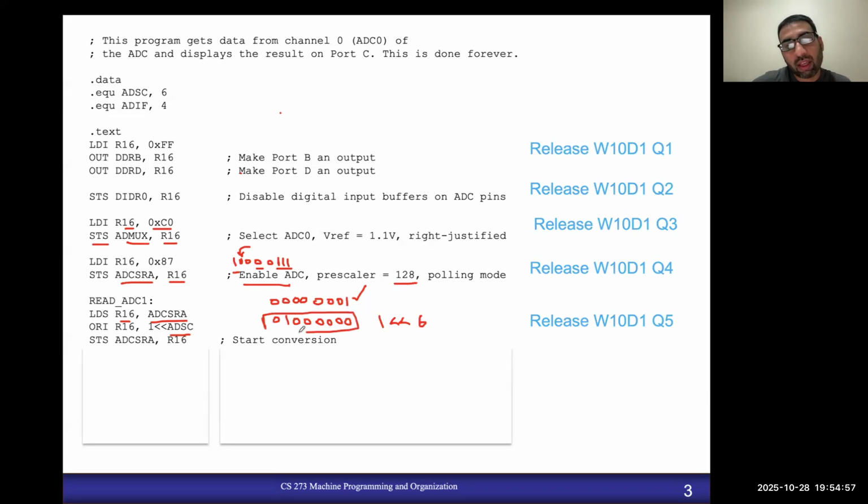If you do an ORI operation with any 8-bit number, I don't care what the values are, all other bits will retain their values, but I'm sure that the bit at index 6 will be 1. So I'm just setting the bit at index 6 of the ADCSRA, right? Is everyone with me on that?